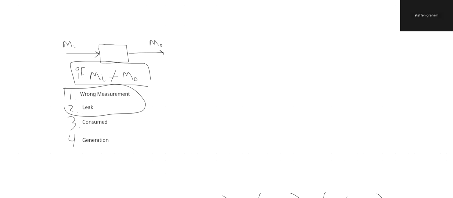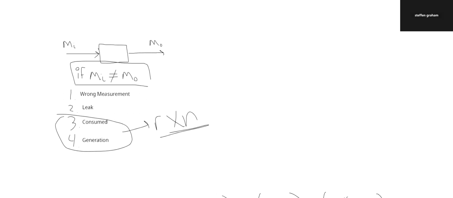So then our three and four, these happen if we have a reaction. If we have a reaction, it could be consuming a substance or creating a substance. So that's when three and four come into play. And those you will see in your mass and energy balances class.